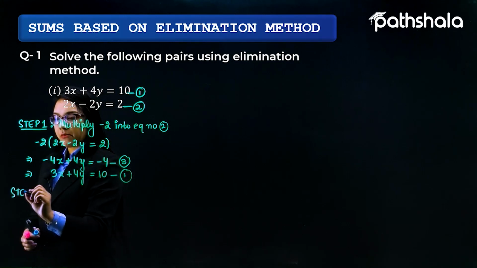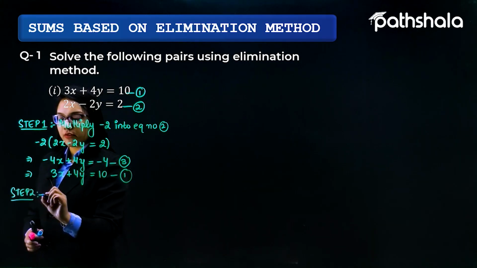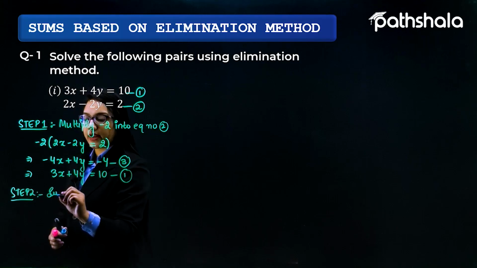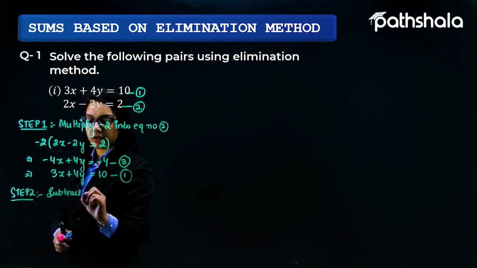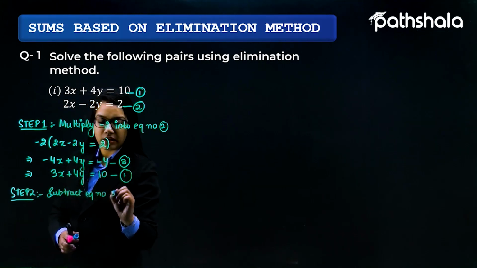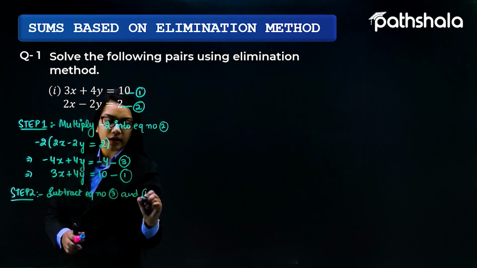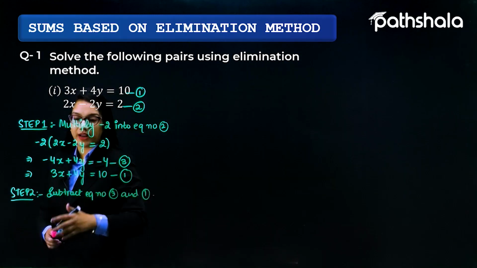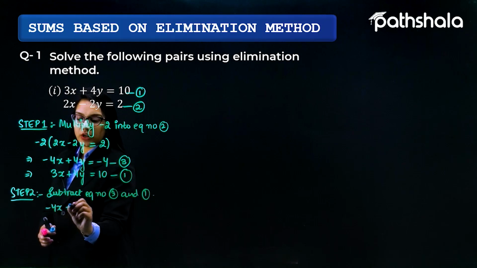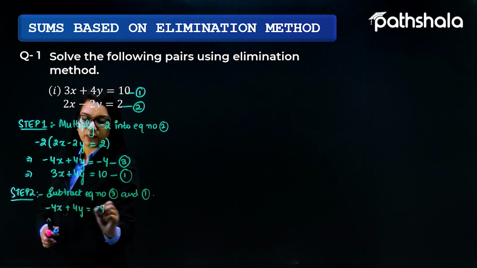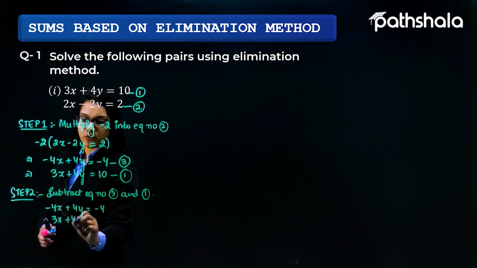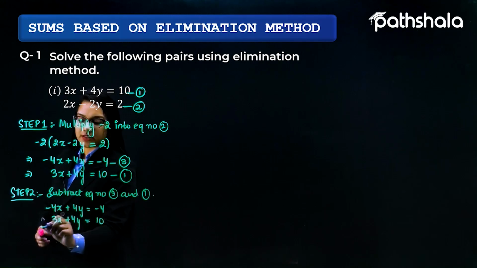Now step number 2 is that we have to subtract these two equations. Subtract equation number 3 and 1 in order to get the value of y or x. So we have minus 4x plus 4y is equal to minus 4, and 3x plus 4y is equal to 10. As we are subtracting, the signs would be changed.